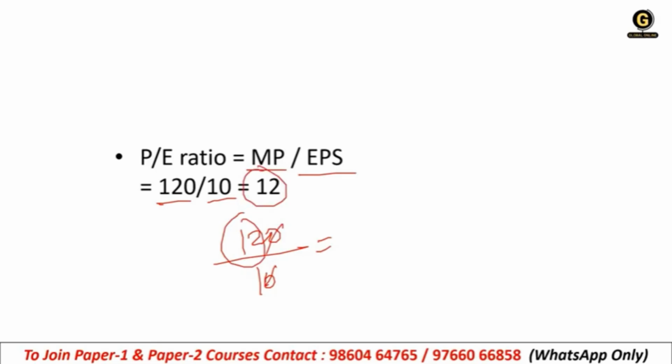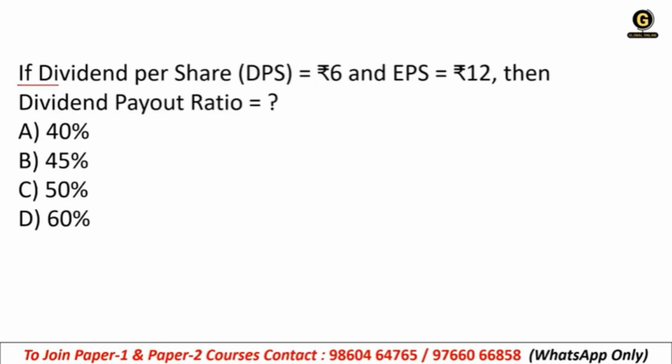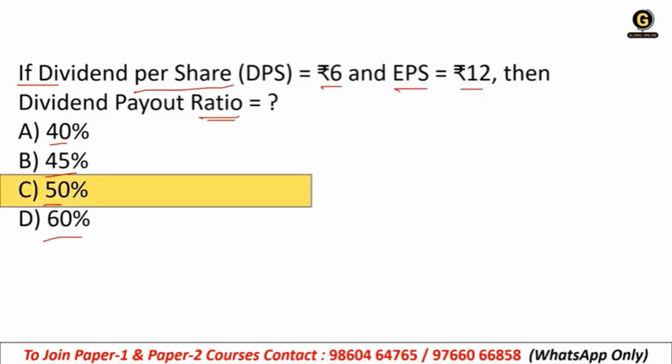Next question. If dividend per share is rupees 6 and EPS is rupees 10, then what will the dividend payout ratio be? 40%, 45%, 50% or 60%. What will be the correct answer? The correct answer will be option C, 50%.